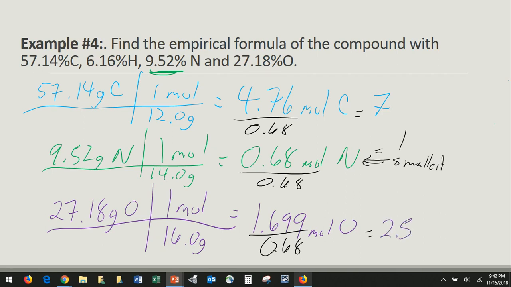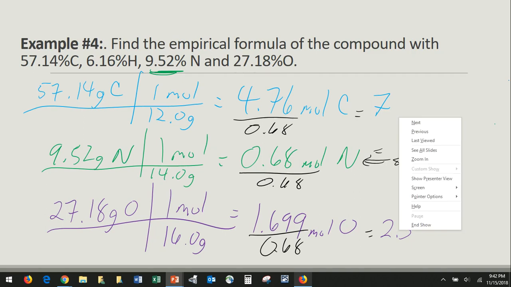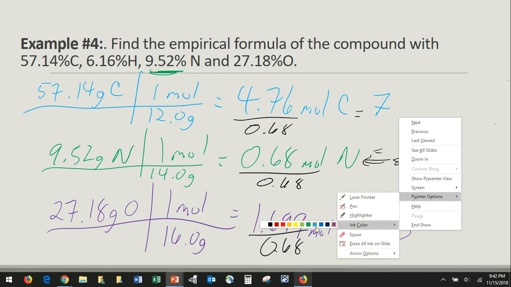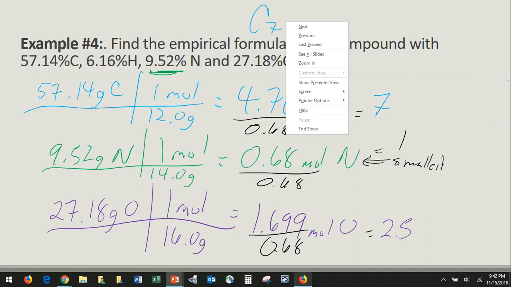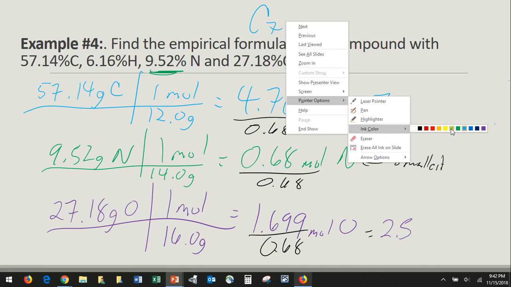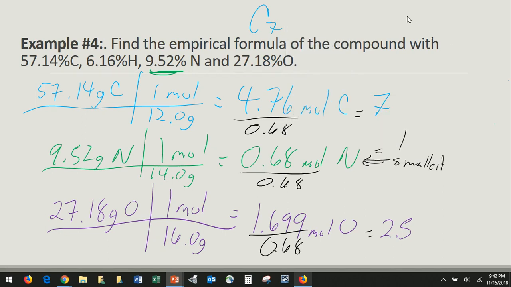So what this means is our formula is C. Hold on a second. I hate that this takes so long, but so it's C7 and then H, this case, I guess. Yeah, where's the H? Is there no H in this? Oh, crap. I did all this without H. That's unfortunate. Okay, so it's C7, the N.